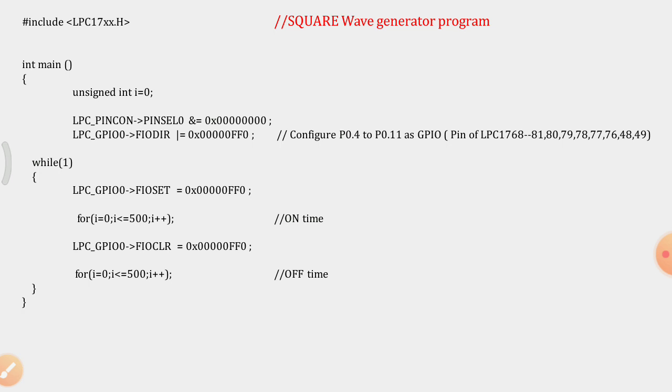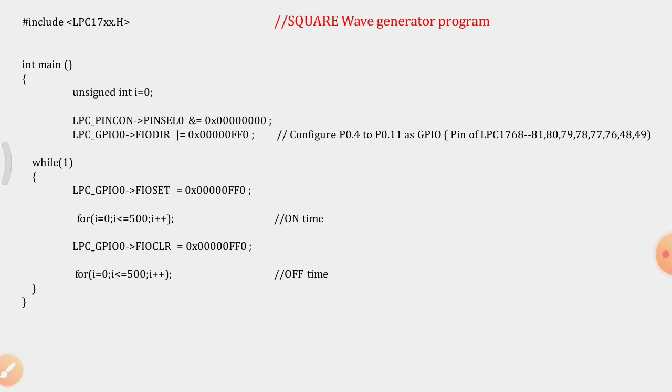When we set and reset these pins, the value is taken to the DACR register, and the DACR register converts this value into an analog output which is connected to P0.26. So P0.26 is the output pin here which produces the analog signal.